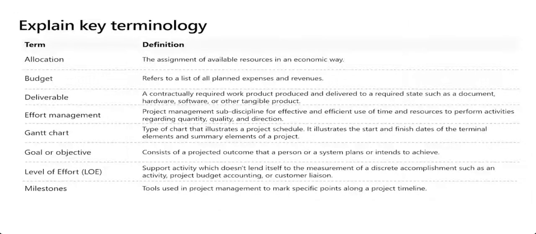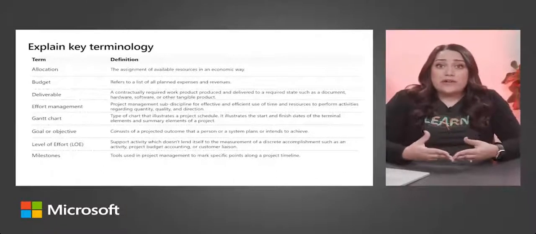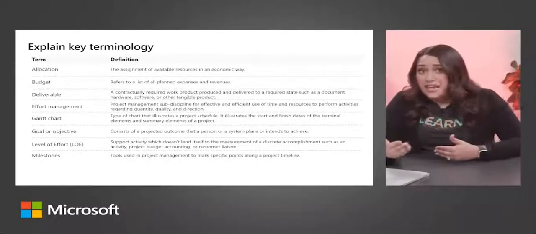But the planning isn't just about the timeline. There are budget and resource allocations that need to be taken into consideration, like how much is all of this going to cost, or who is available to work on this. There are also some considerations that you may not be able to track as easily. That's where we're going to look at things like level of effort. And inside of Dynamics, we have effort management tools that can make sure that we are optimizing our resources to help meet our goal.